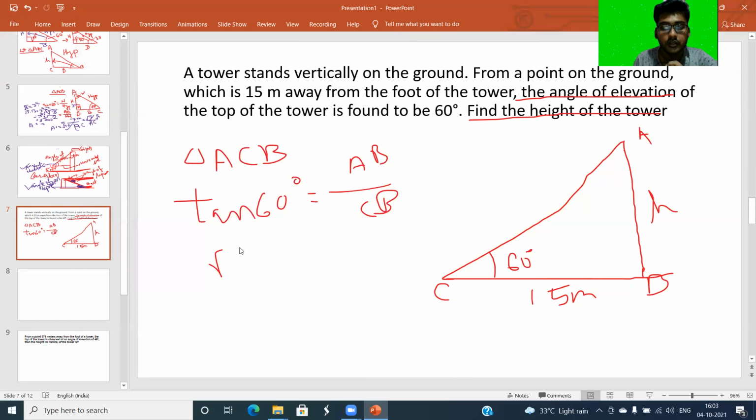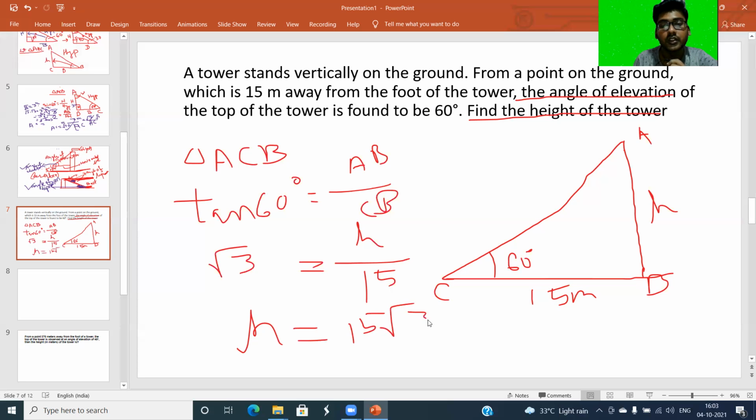And AB is the height of this tower, and CB is 15 meter. Okay, the height of the tower is equal to 15 root 3 meter.